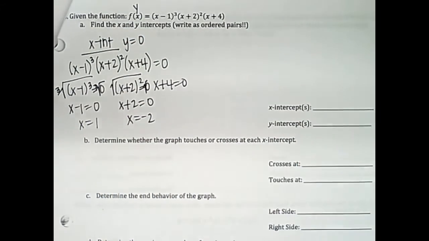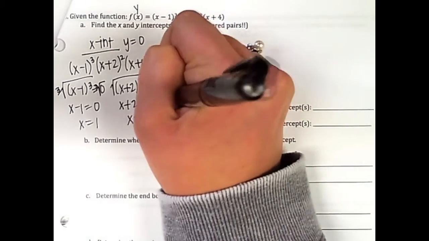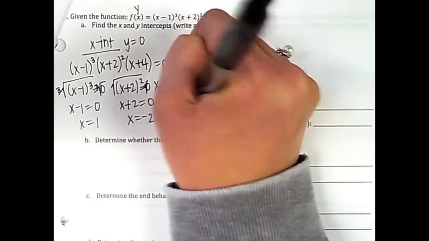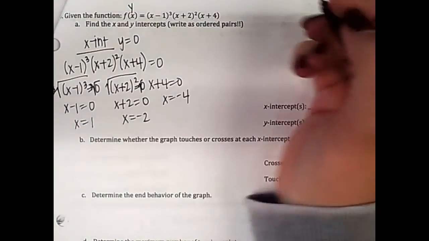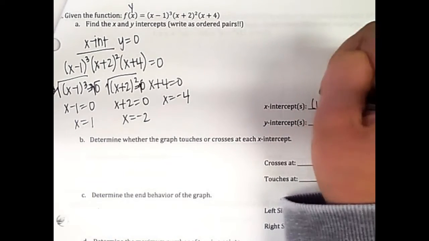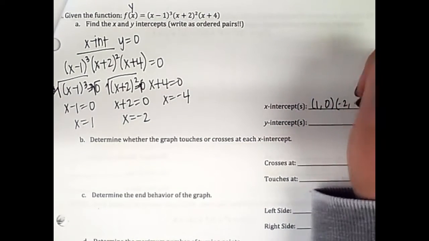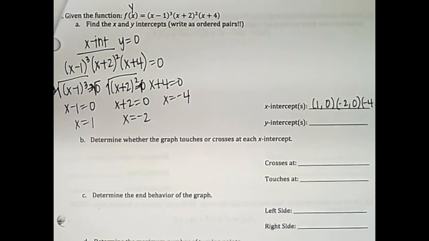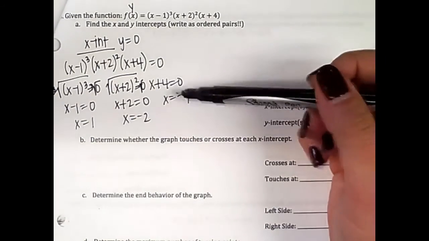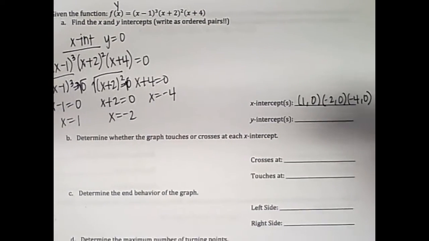Now for this one, we don't really have to worry about anything. There's not an exponent there, and so we can just subtract 4 and get x is equal to negative 4. So those are my 3 x-intercepts. My x-intercepts are 1, 0, negative 2, 0, and negative 4, 0. And that's just by setting each factor equal to 0.